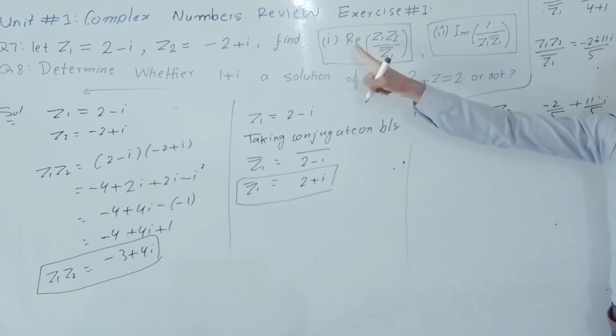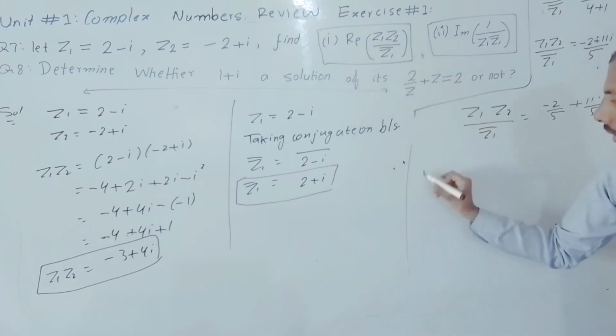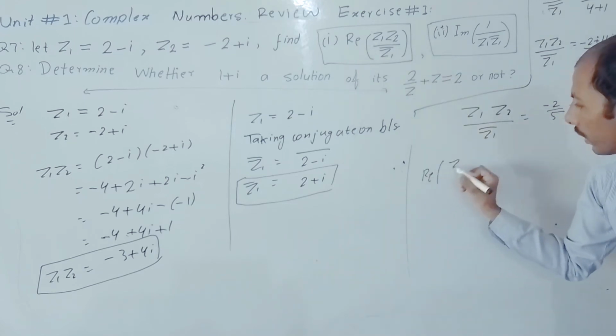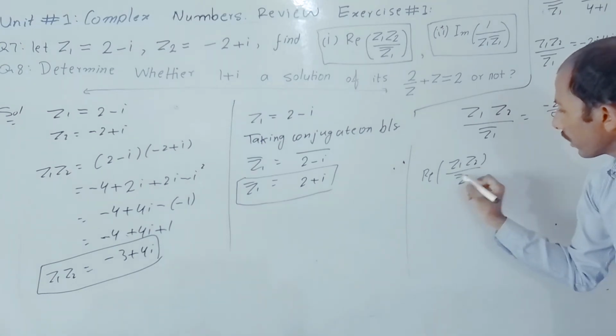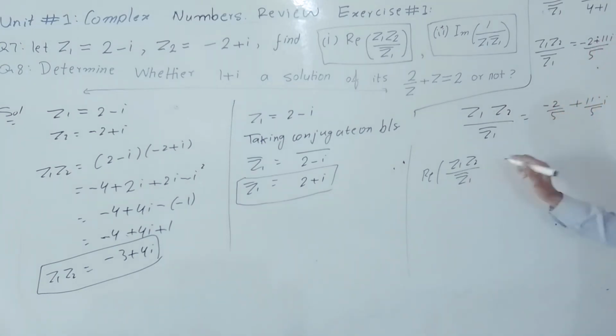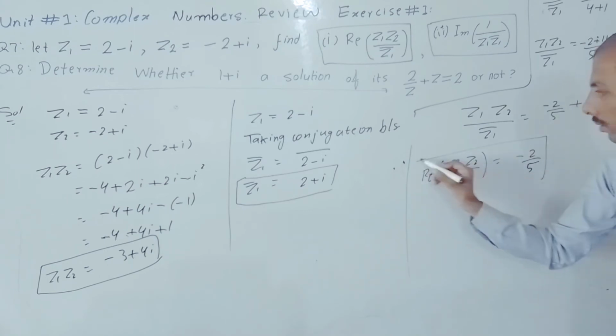Part number 1, real of z1 z2 divided by z1 conjugate is equal to, the real part is minus 2 divided by 5, which is the required solution.